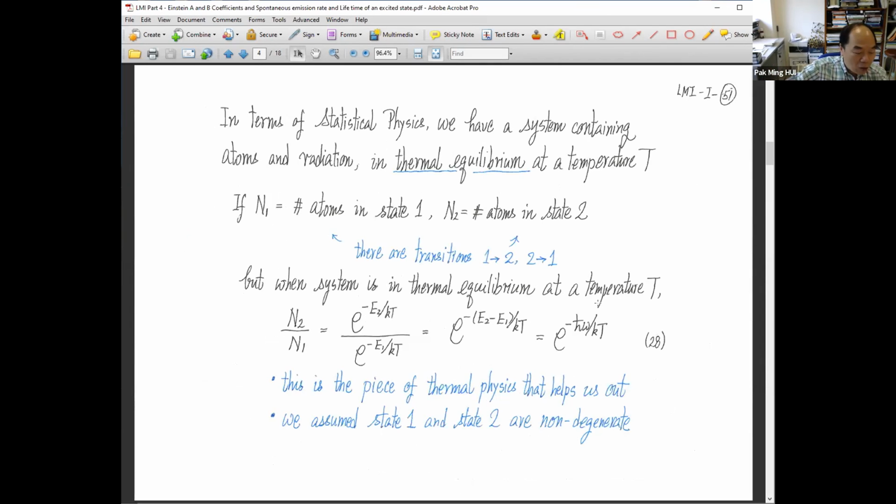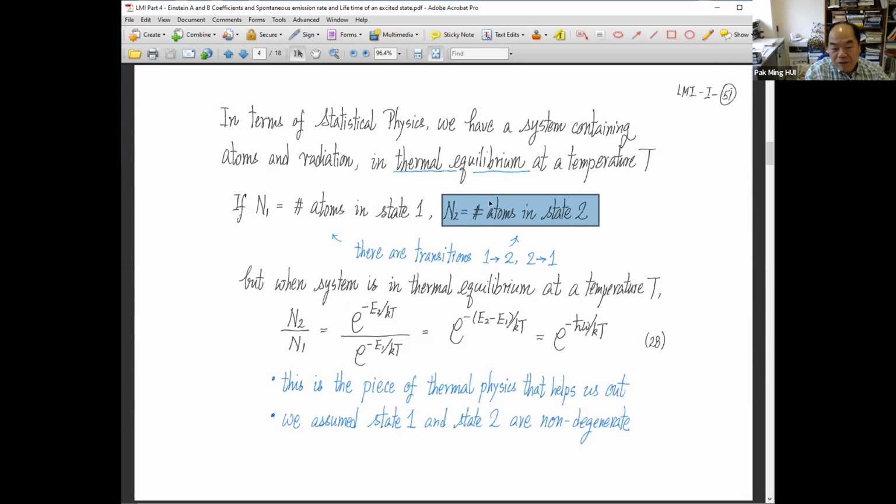The first thing he knew, and that was established at that time, was that given there are two levels for the matter, for the atom part, let's say there are N1 atoms in state 1 that has a lower energy, E1, and N2 atoms in state 2, and the total number of atoms is fixed at N1 plus N2 in the system, all right?